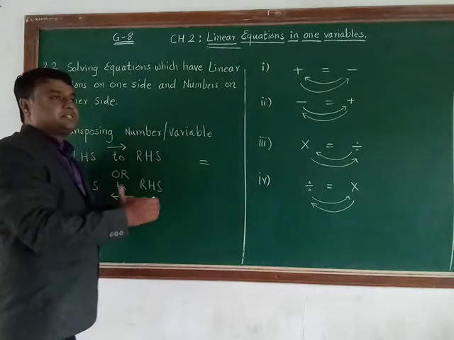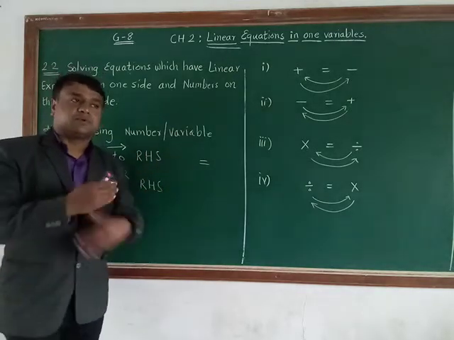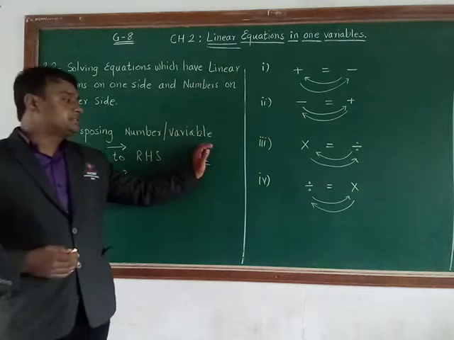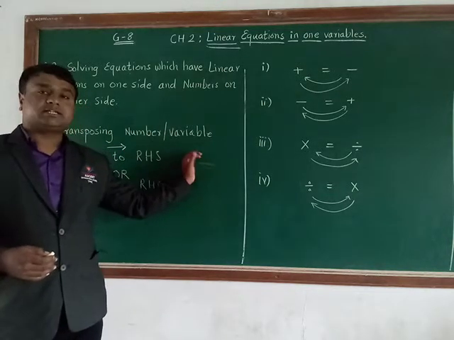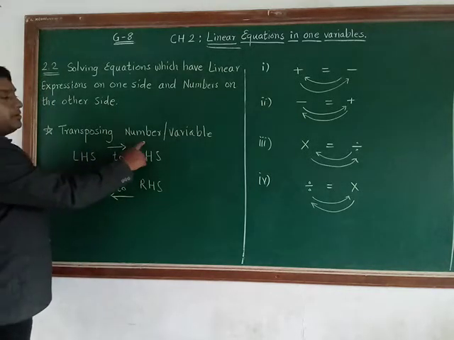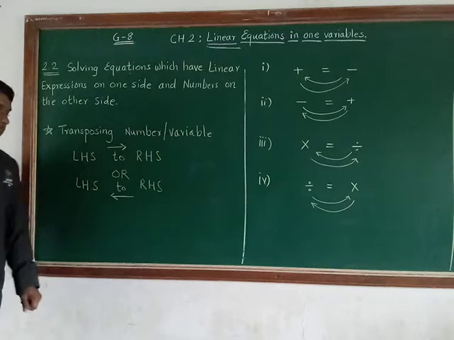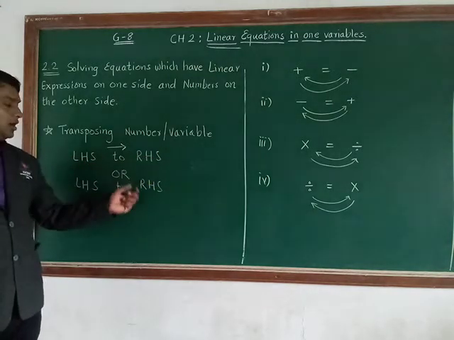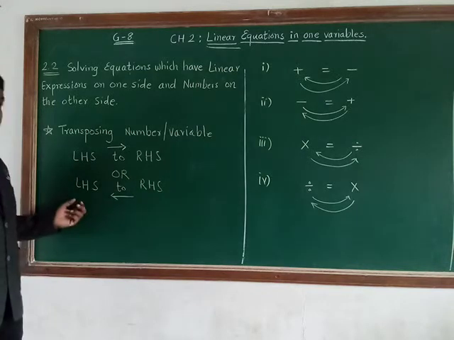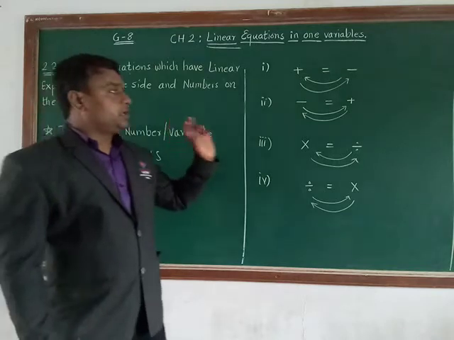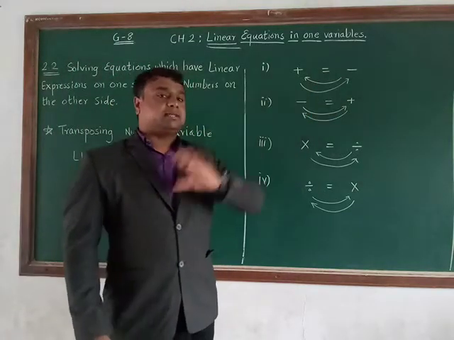And whenever we transpose a number to the other side, we have to remember some rules. Whenever we transpose a number or variable from the left hand side to the right hand side or from the right hand side to the left hand side, let us learn those rules and regulations in mathematics.